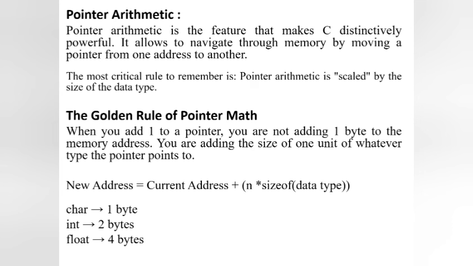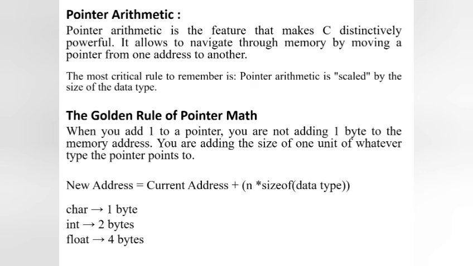Have a look at this example. First we have a character pointer, char *c. Assume the content of the pointer is 1000. At location 1000 it may have some value, but if you increment a character pointer, what is the size of a character?